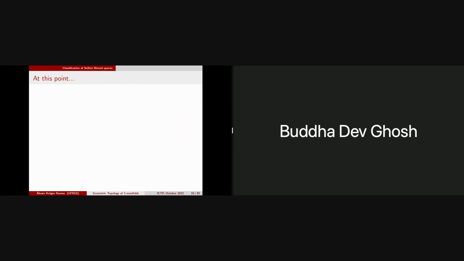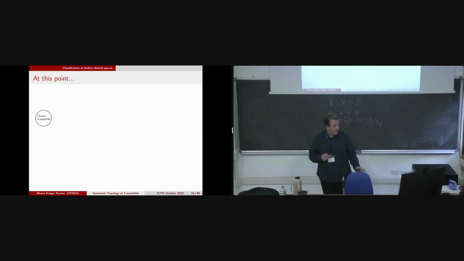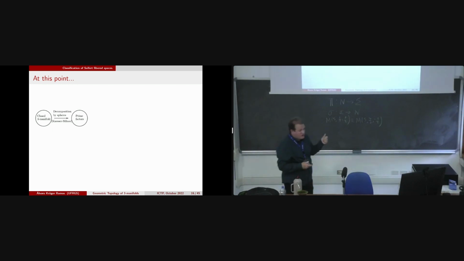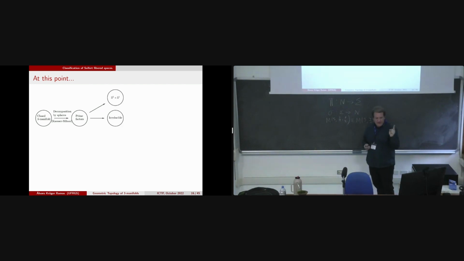Okay, so let's take a look at where we are at this point. We started with a closed 3-manifold. Then we made this decomposition by spheres, and we obtained prime factors. The prime factors are either S2 cross S1 or they are irreducible.